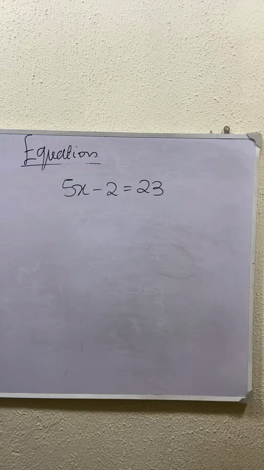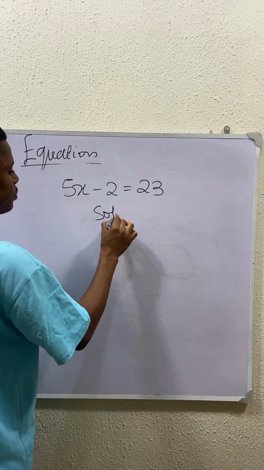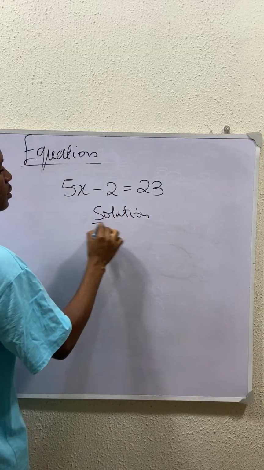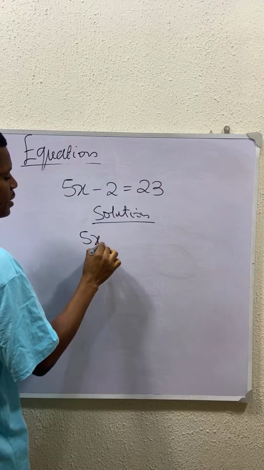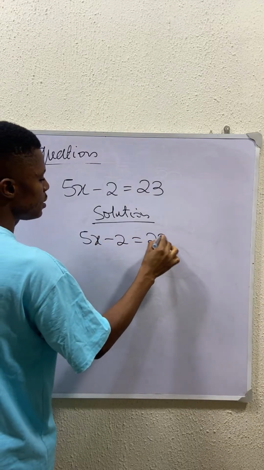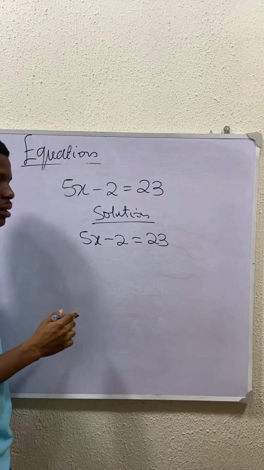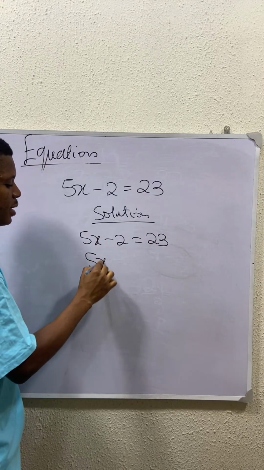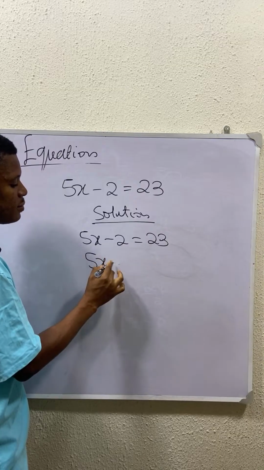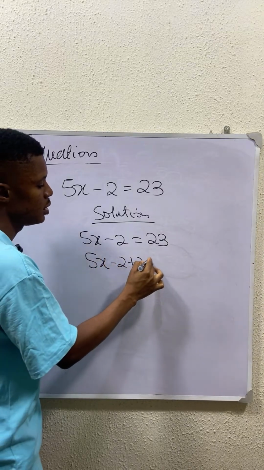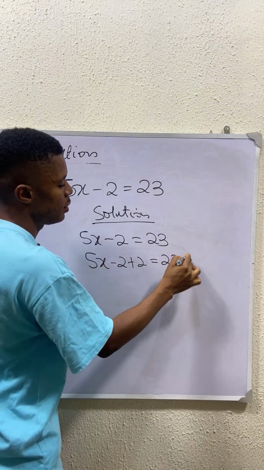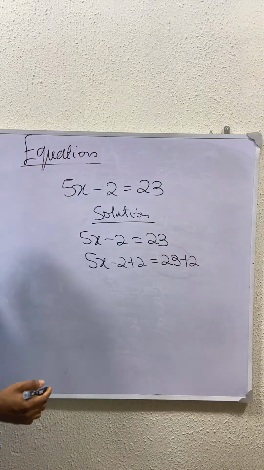Okay, so for you to do that, we have the solution. We have 5x minus 2 is equal to 23. The next thing we do is to add 2 to both sides. So 5x minus 2, you add 2, and 23, you add 2.